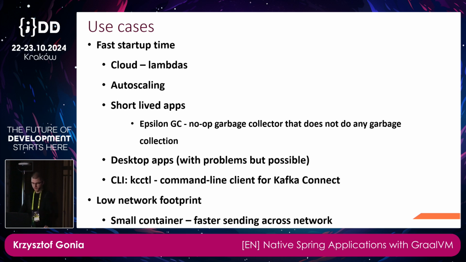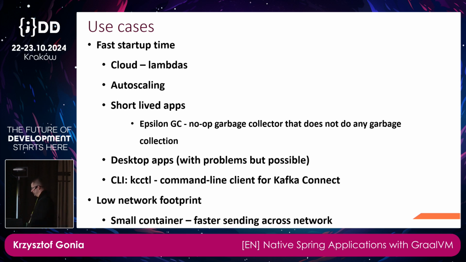So what are the use cases? All things where you need fast startup time. For example, cloud Lambdas. Instead of building your Lambda as Java, you can just compile it to native and deploy it as native code.